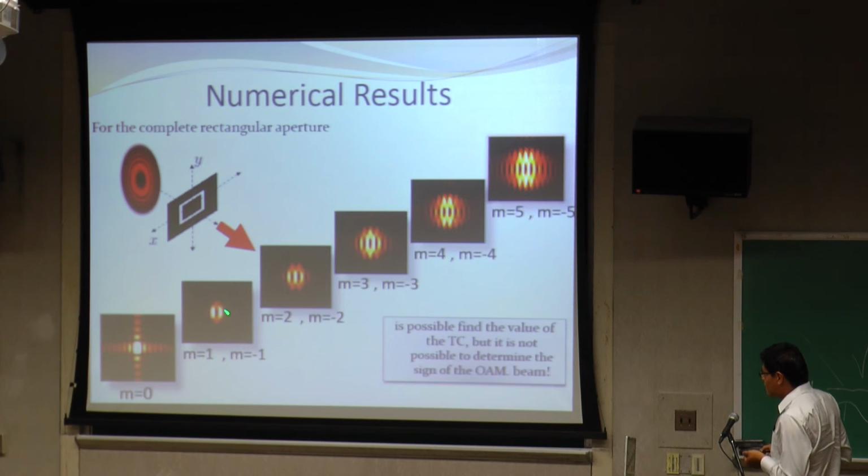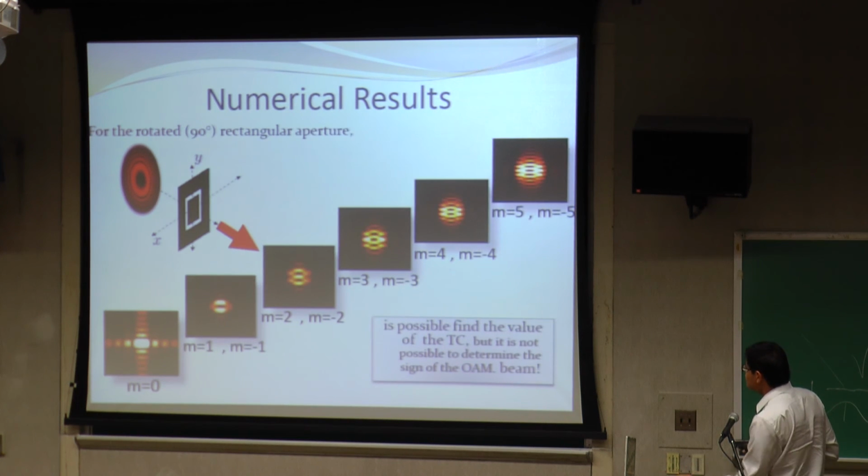For example, for a topological charge of one, you obtain in the far field one dark zone. For two, you obtain two dark zones. Similar for these results. When you rotate the aperture, you obtain the result rotating too.